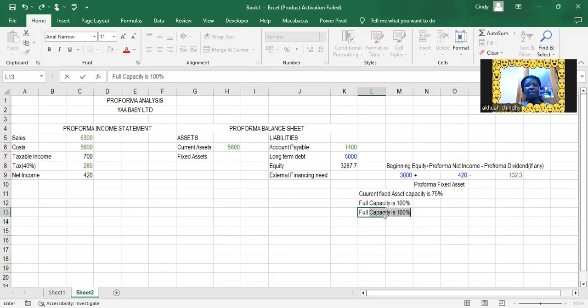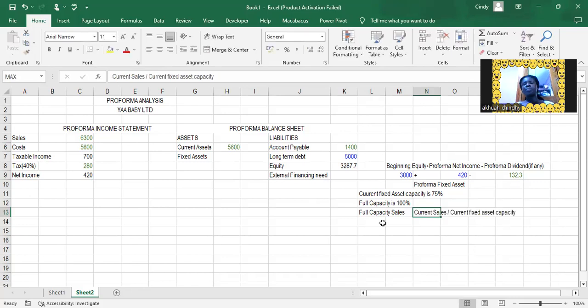So our full capacity sales is equal to our current sales divided by our current fixed asset capacity.